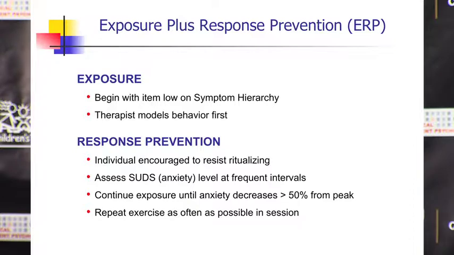The speed with which you go through the hierarchy, we'll talk about in a little bit, and that really depends on the child. So we basically develop a symptom hierarchy, or fear hierarchy, where we make a list of all of the symptoms.